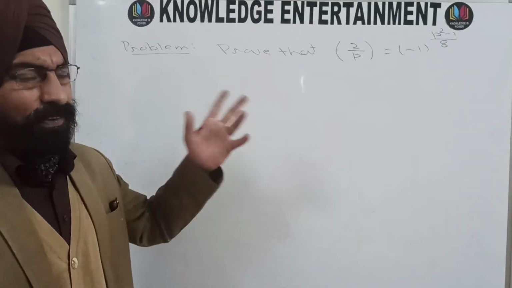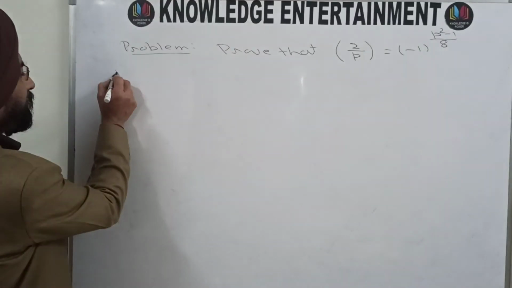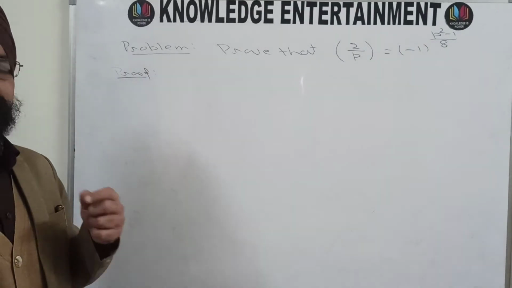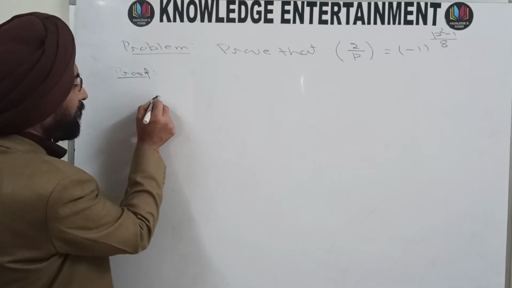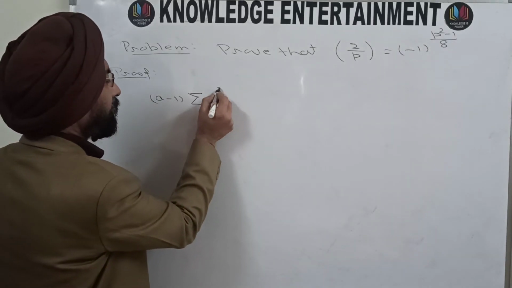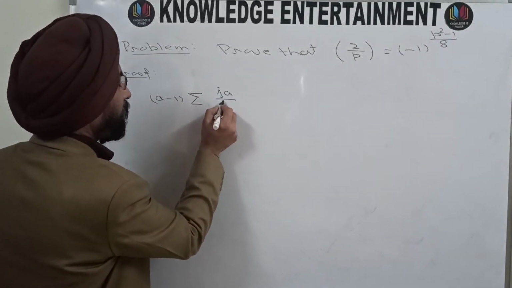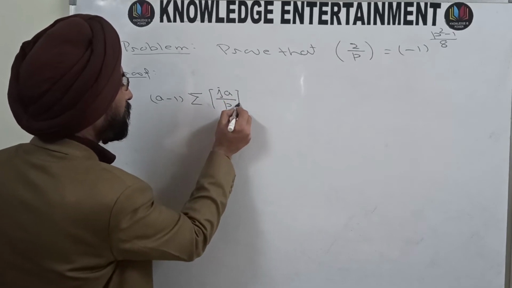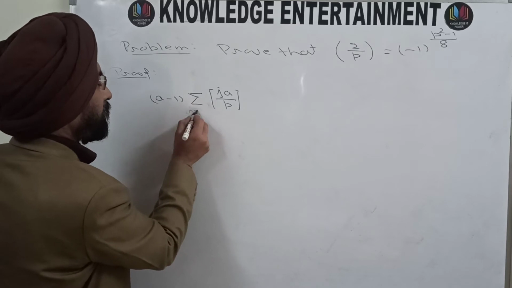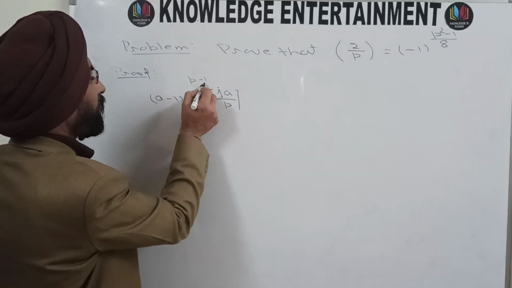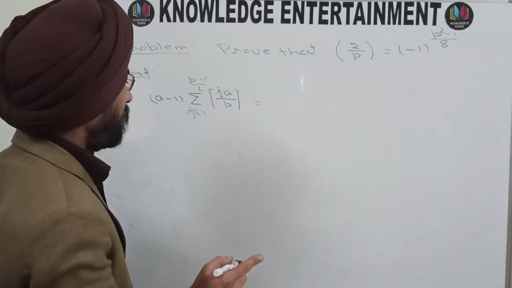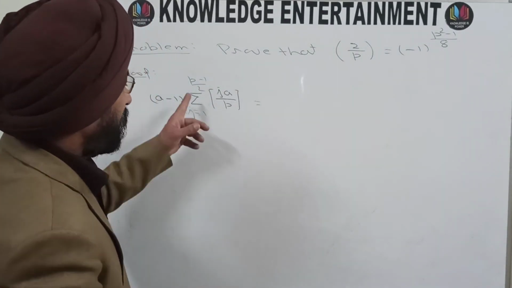So in the previous theorem, when we were proving, we had a step that I am going to repeat. The step was a minus 1, sigma j a upon p, p, j varying from 1 to p minus 1 by 2, is equal to... I think I have written a little bit wrong.